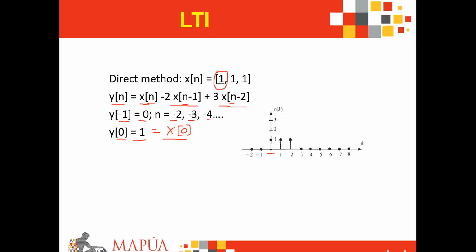Next. If n this time is 1, again just substitute the value of n here. That would mean x at 1. This would be x at 1 minus 1, which is x at 0. This would be x at 1 minus 2, so this would be x at -1.